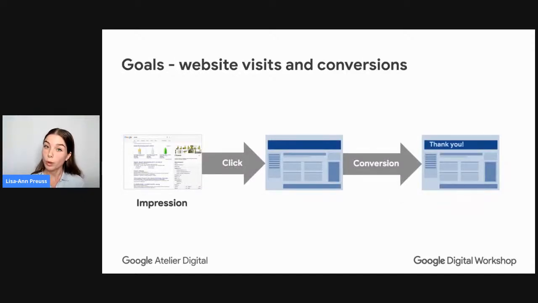So if all goes well, and in Mr. Benelli's case, he's bidding on the keyword olive oil, his ad may appear the next time a user is searching for olive oil. And in that case, we'll speak of a so-called impression. So an impression is an ad that shows up.